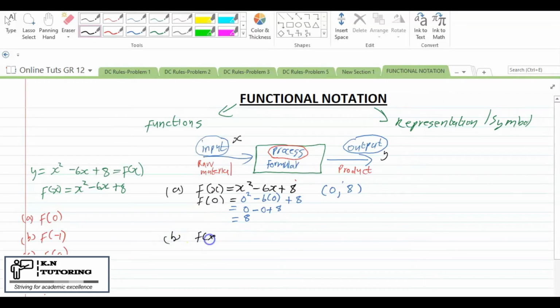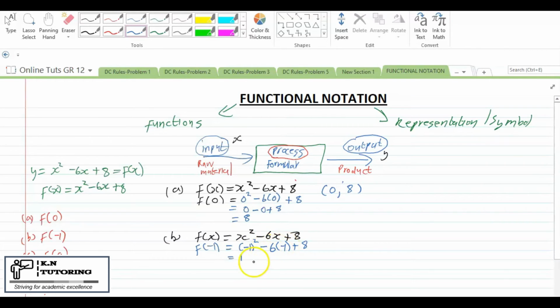B, I'm given f of x is equal to x squared minus 6x plus 8. I'm asked to determine f of minus 1. This means that where I see x, I put minus 1. So this will be minus 1 squared minus 6 into minus 1 plus 8. Negative 1 squared is the same as 1.